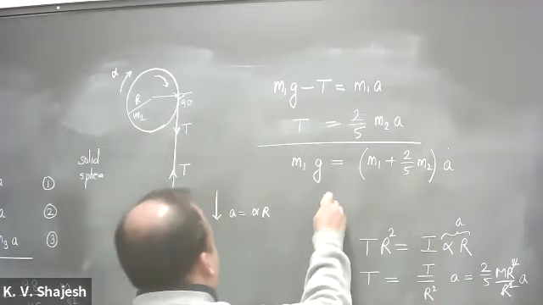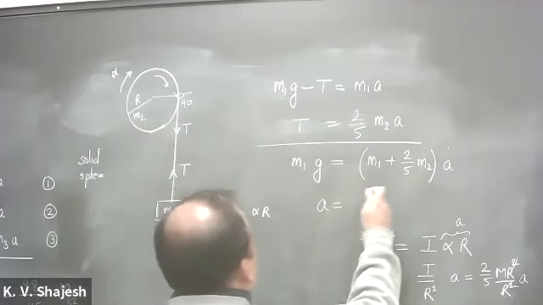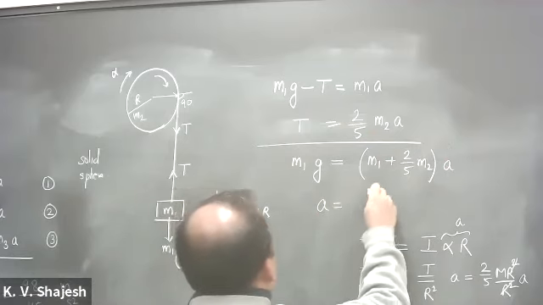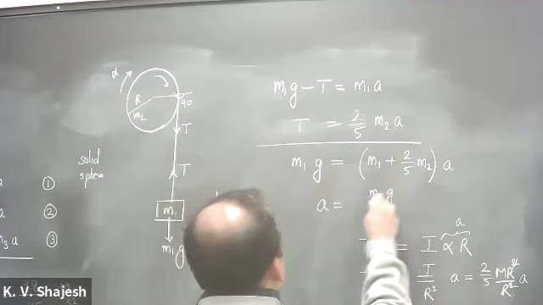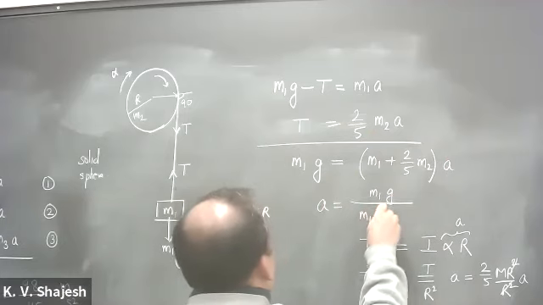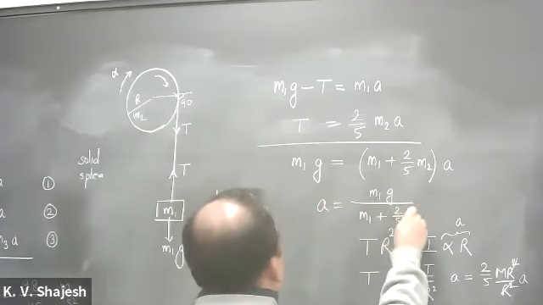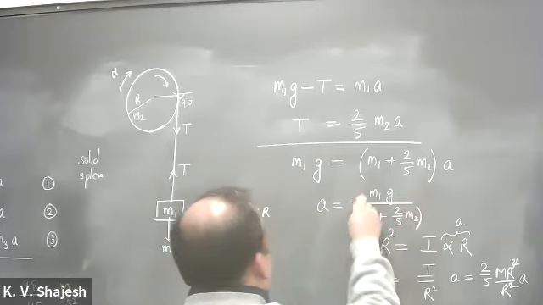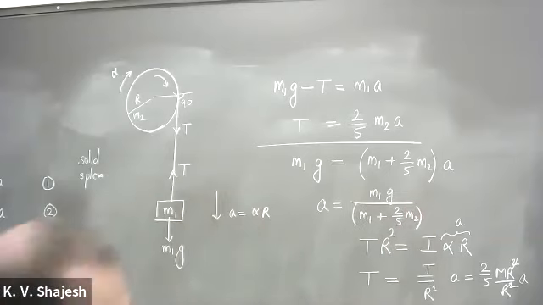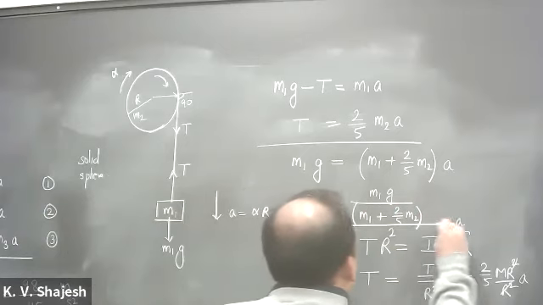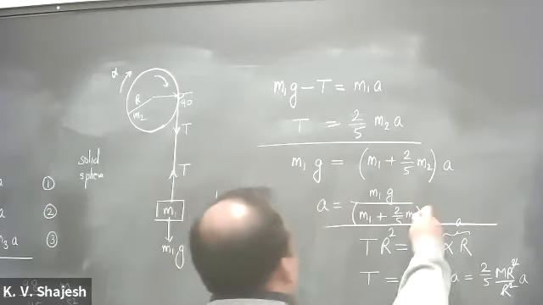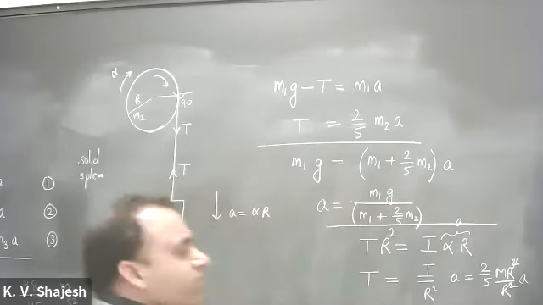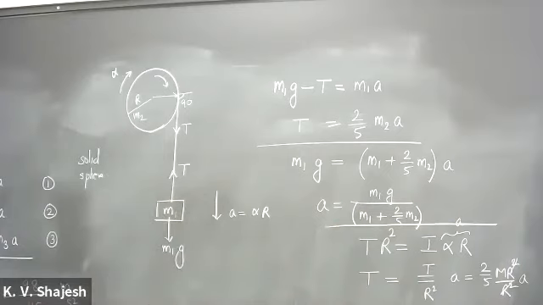So acceleration is equal to M1G divided by M1 plus 2 by 5 times M2. Hopefully it's not too bad. Once I have the numbers, I can actually substitute them in.